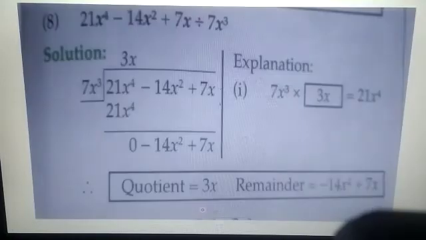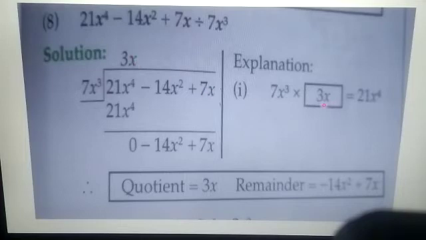Now the next sum. See, the next sum, sum 8, is 21x raised to 4 minus 14x square plus 7x. It is divided by 7x cube. Here in the solution part we will show the division, and the explanation on the right side. Here the first term is 21x raised to 4. We want 21. So 7 3s are 21 and here x cube is there, so we will multiply with x.